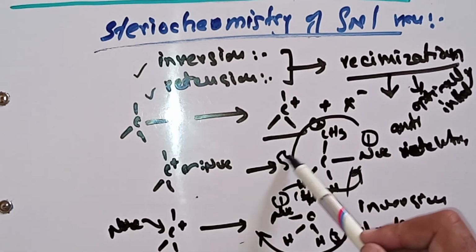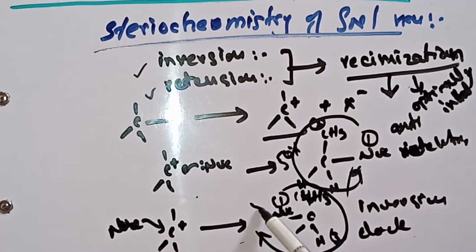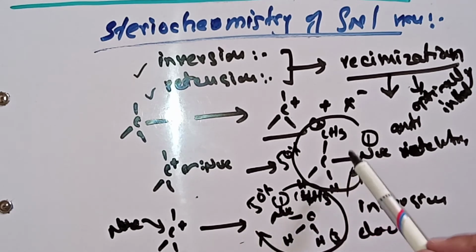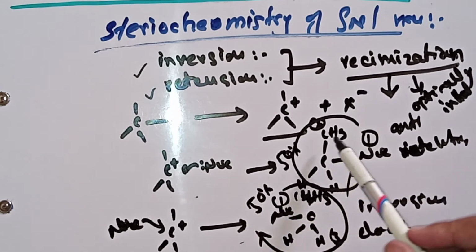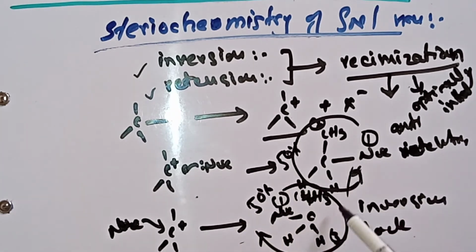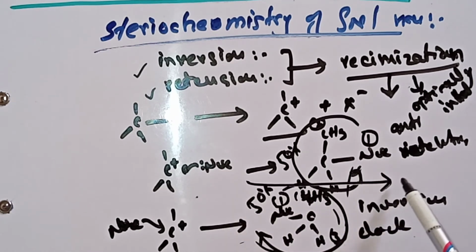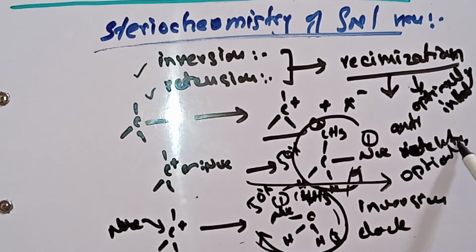When there is 50% retention product and 50% inversion product, the retention product rotates plane polarized light anti-clockwise, while the inversion product rotates it clockwise. When the concentrations of both are the same, the net rotation is zero, so it is called optically inactive. I hope this point will be clear.